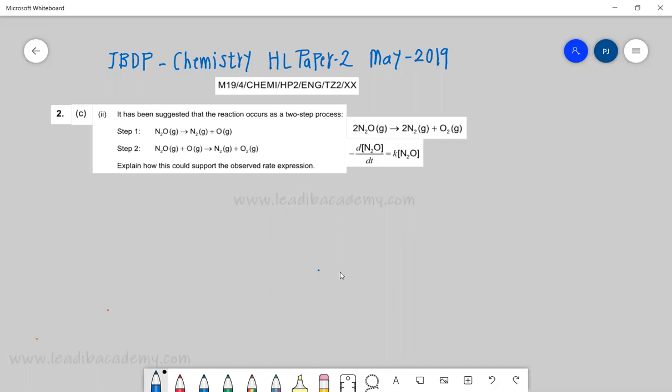N2O giving N2 plus O, nascent oxygen, and then N2O plus O giving N2 plus O2.